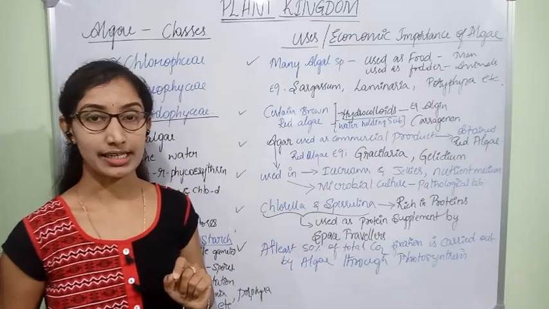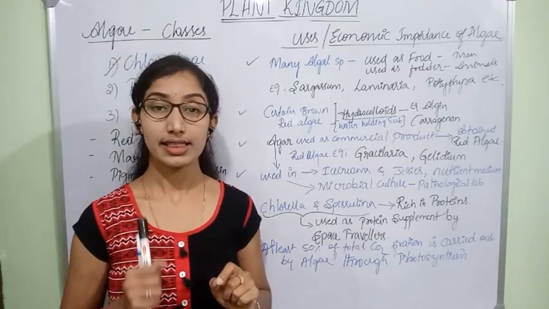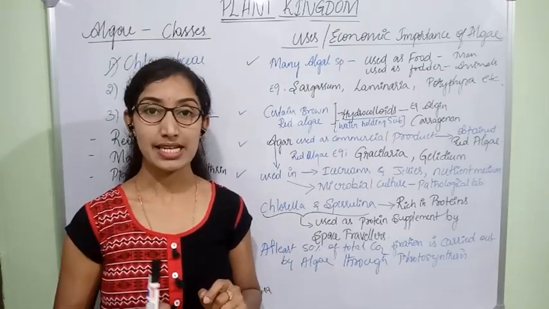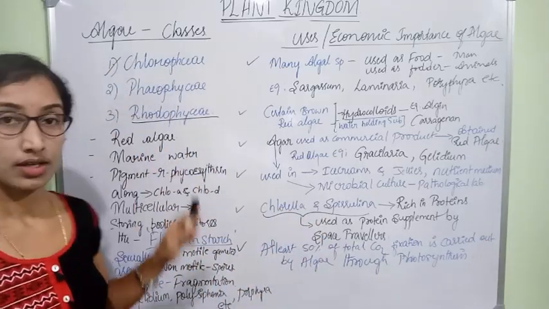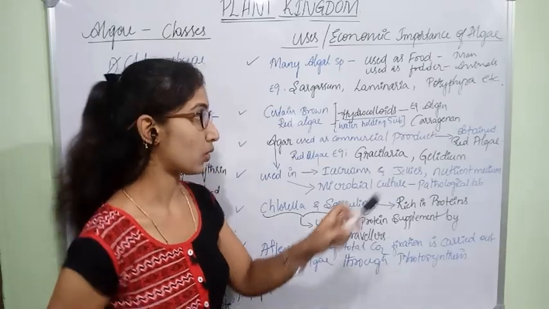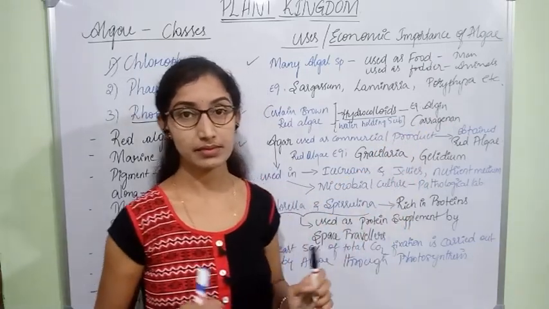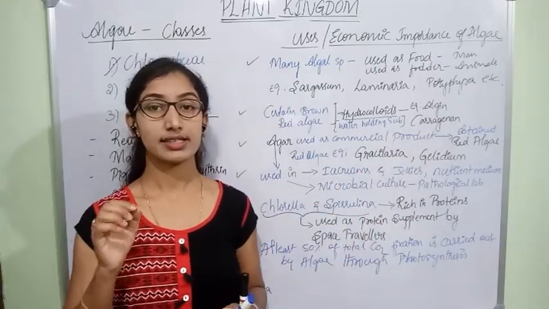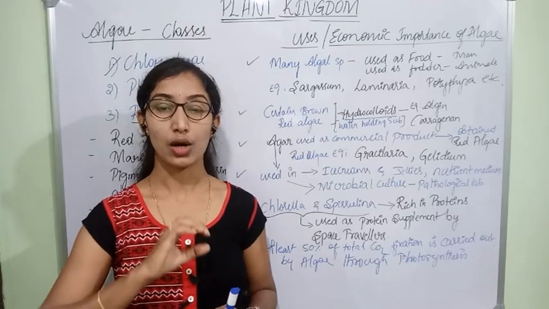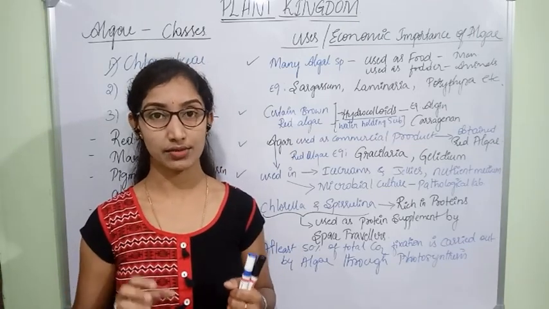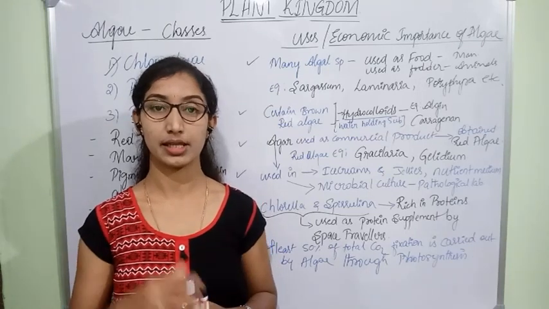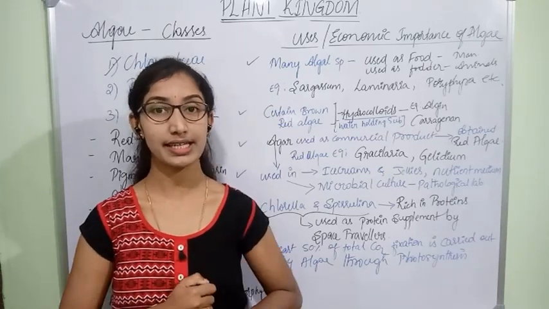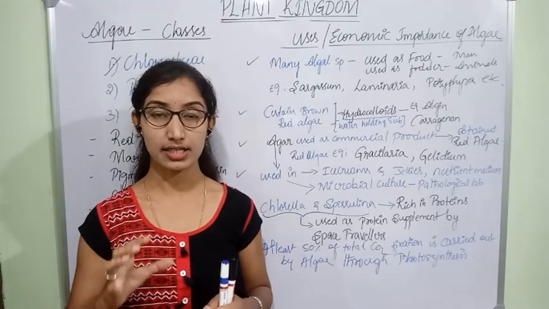So what is algin? Let us recall that in the previous class, while speaking about the phaeophyceae members, we spoke about algin. Algin is nothing but the outermost gelatinous covering of the brown algae. The brown algae are completely covered by the gelatinous coat.